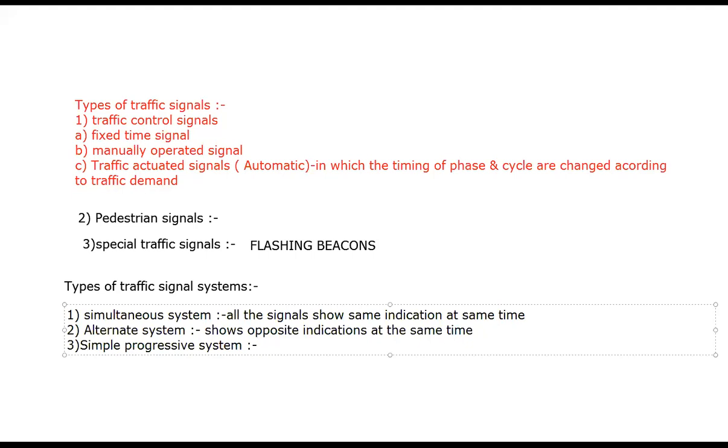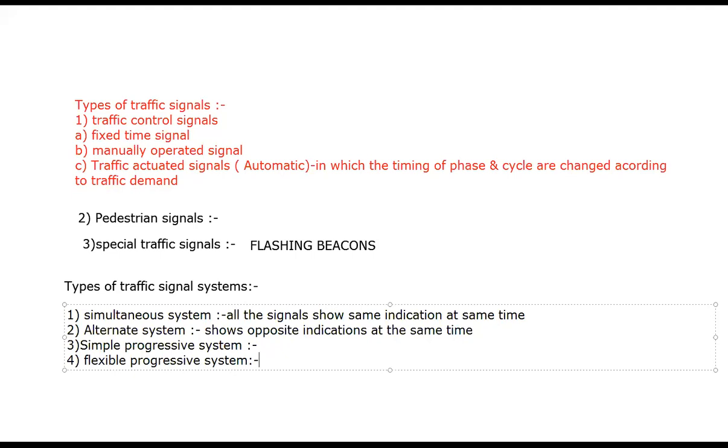The fourth type of traffic signal system is a flexible progressive system. So in this system, we can vary the length of the cycle.